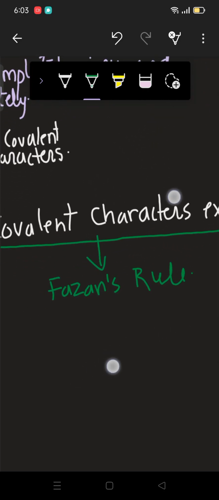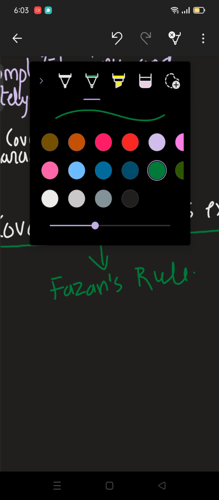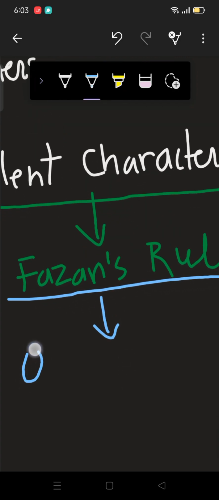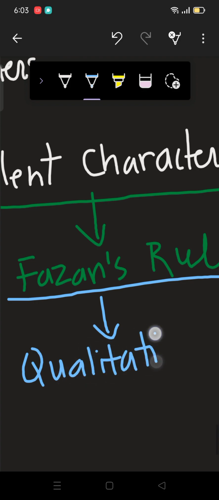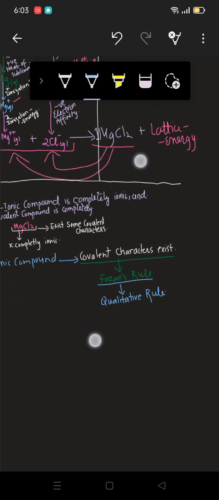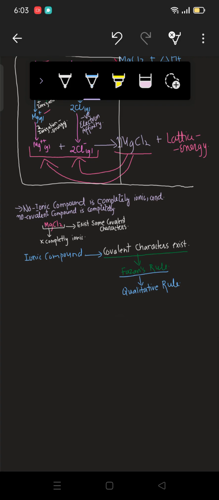Now see, Fajan's rule is a qualitative rule. Very interesting, right? Qualitative rule, which means it will not tell us the quantity of covalent characters in an ionic bond.